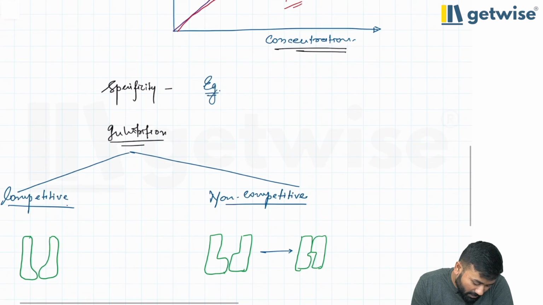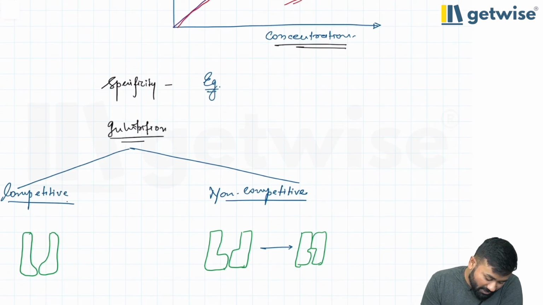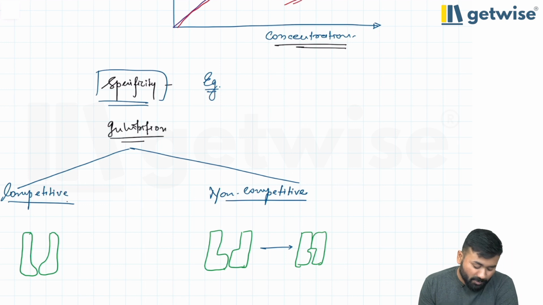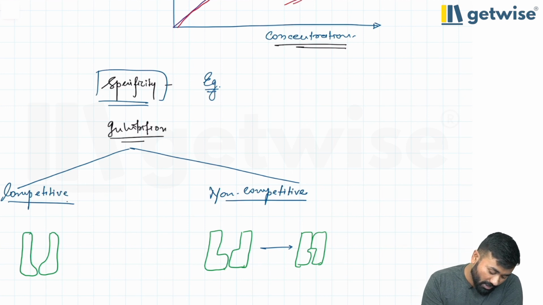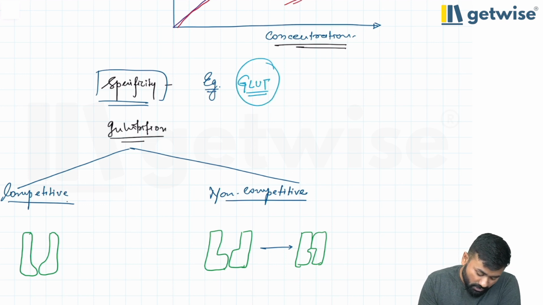There is one more feature that is called specificity. In specificity, any type of carrier protein specifically transports few types of molecules. They do not transport general molecules. For example, there is a protein called GLUT, glucose transporter.